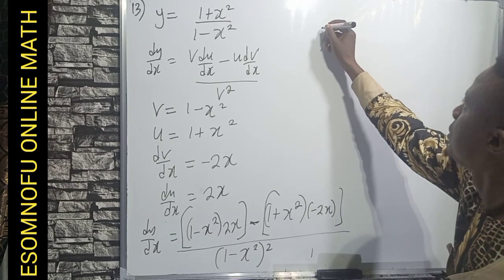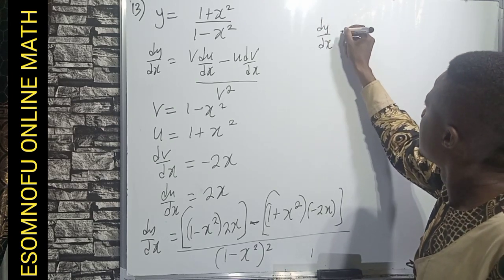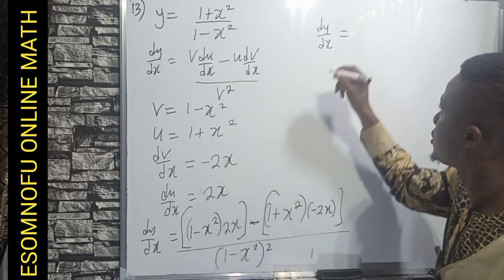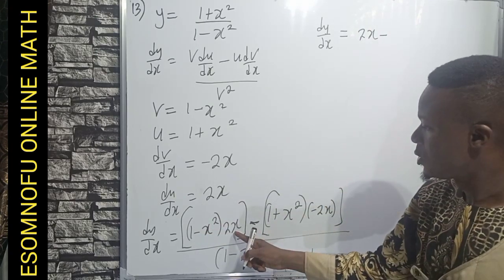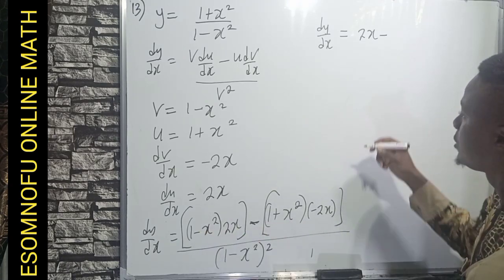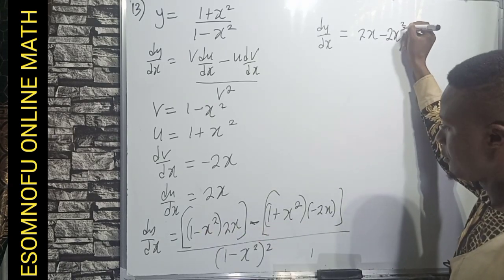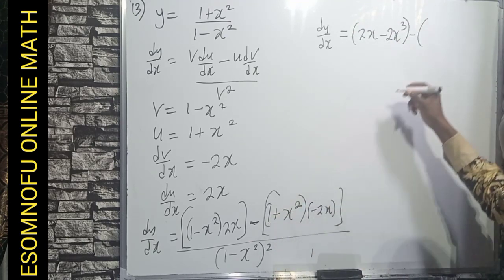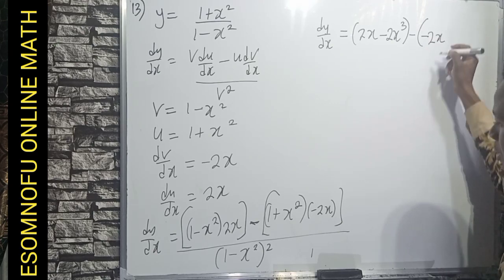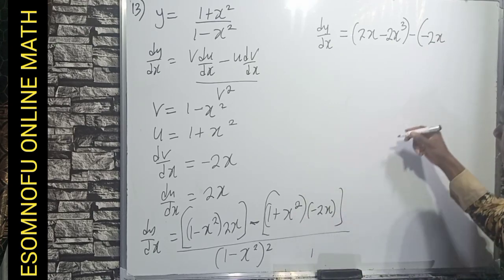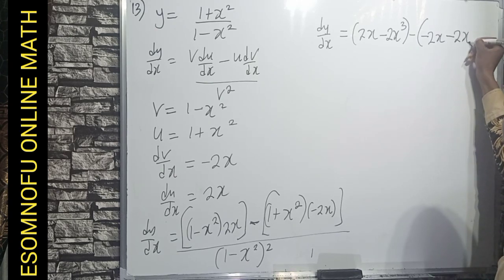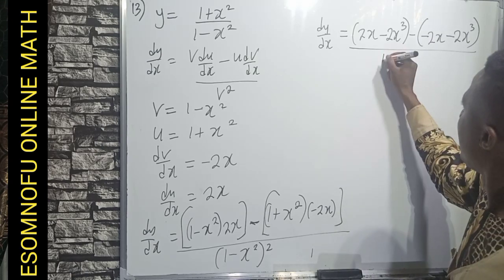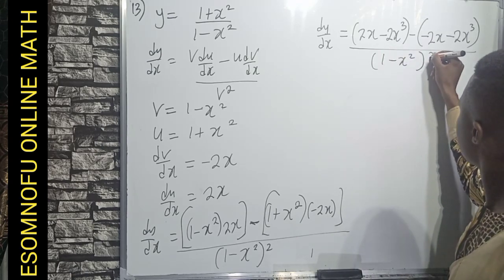So continuing from here, dy over dx will be equal to, I'll open the bracket, 2x times 1 is 2x. Take away 2x times minus x squared will give us minus 2x to the power of 3, minus negative 2x times 1 will give us negative 2x, and negative 2x times x squared will give us minus 2x to the power of 3, all over 1 minus x squared all squared.